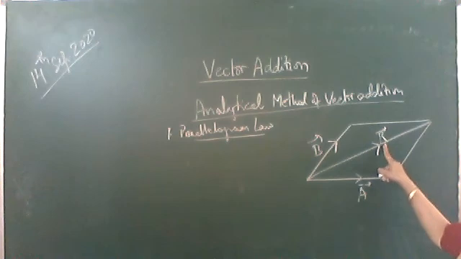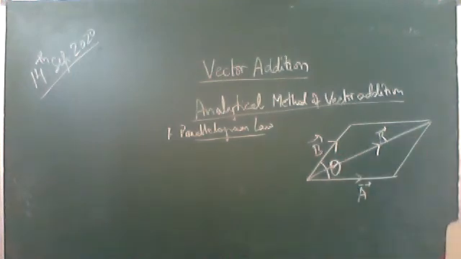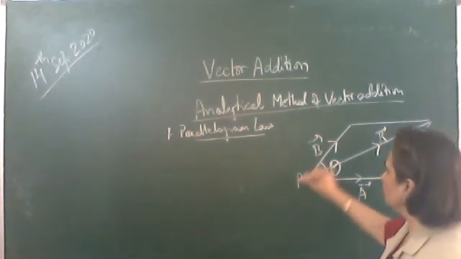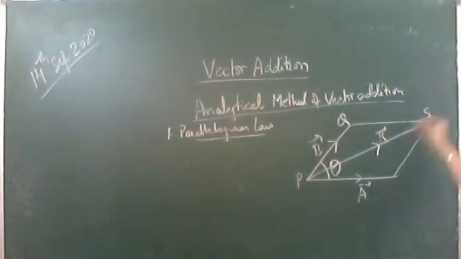Now we'll find out the magnitude and the direction of the R vector. Let A and B vectors be inclined at an angle theta. Let's name this parallelogram PQRS; R we have taken for the resultant, so let us write it ST.